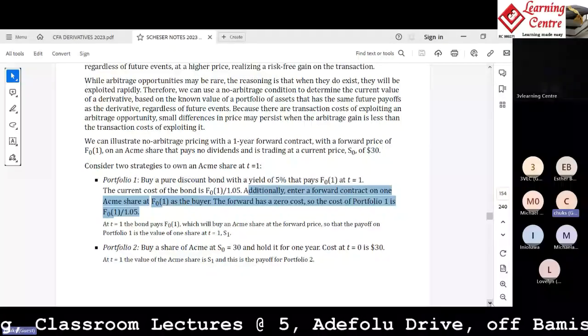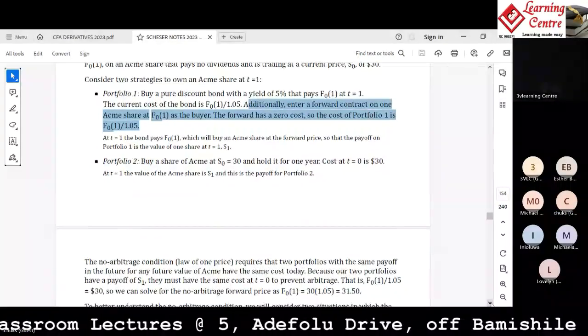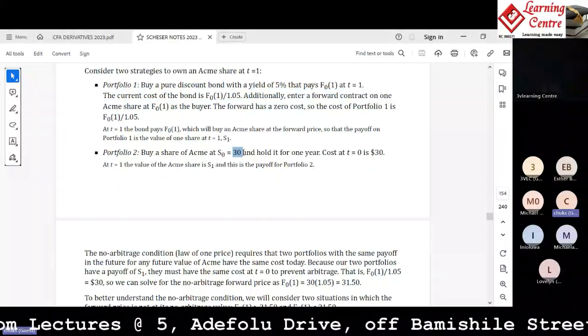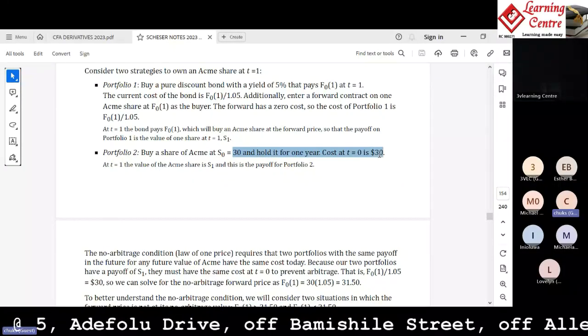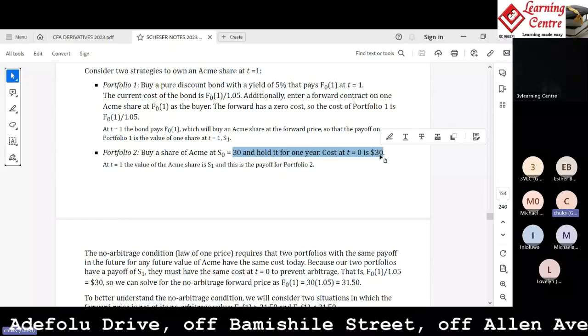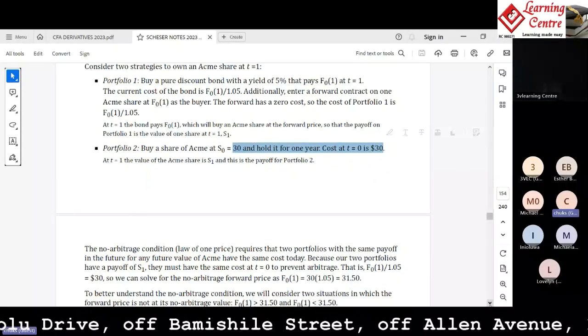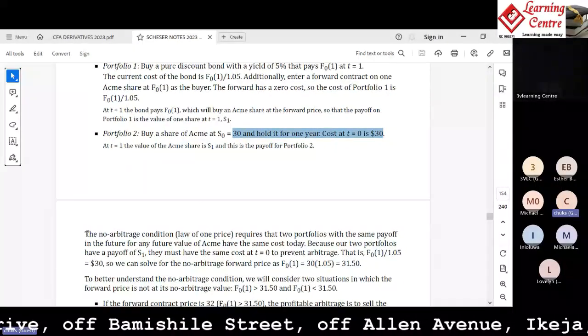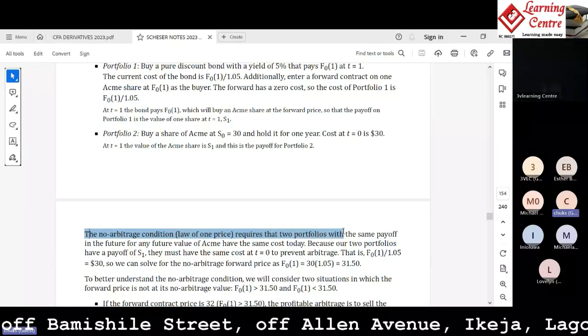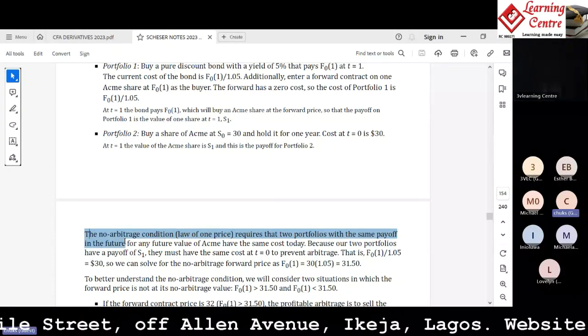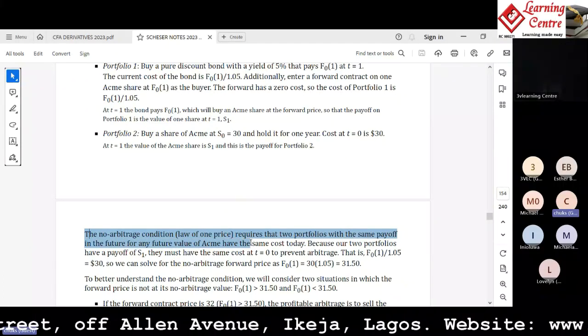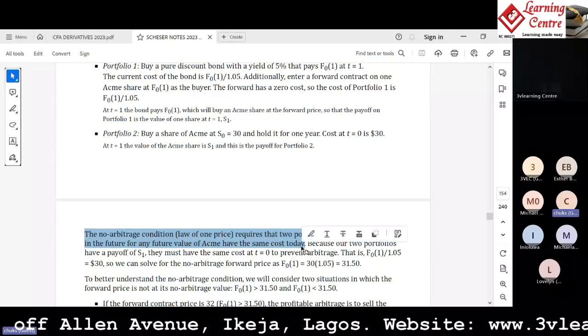So if you buy a share at $30 and you hold it for 1 year, the cost at the point when you are buying the share is $30, of course. But the no arbitrage condition requires that the two portfolios with the same payoff in the future for any future value of the shares have the same cost today, which is what I said.